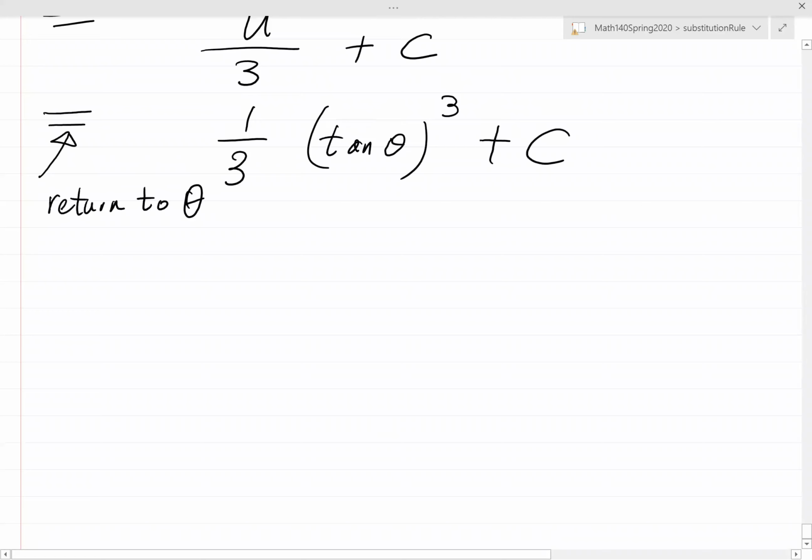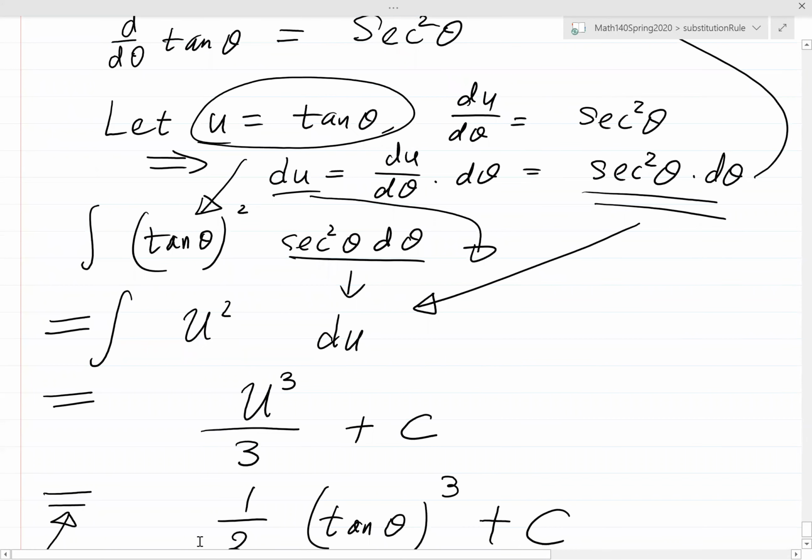Now here, the trig functions form one specific category we try to deal with. We have two lectures, one on Wednesday and one on Friday.